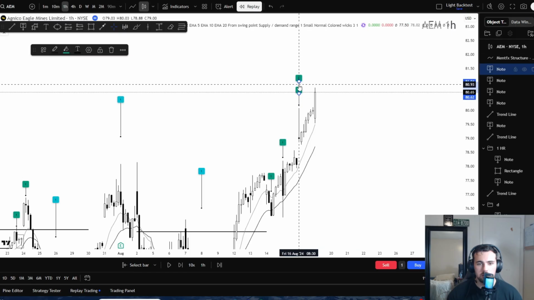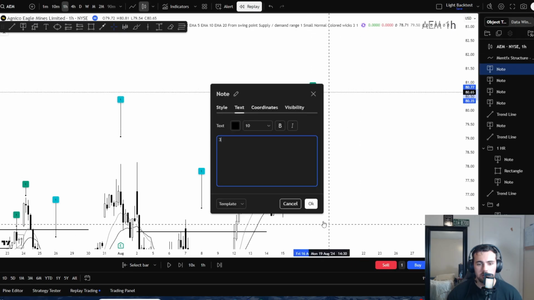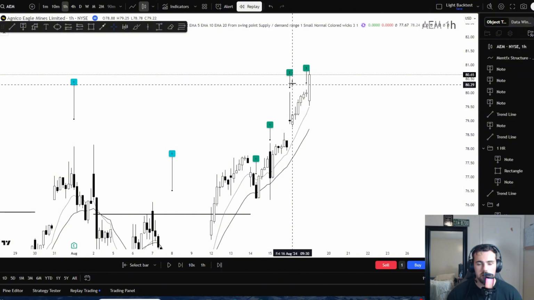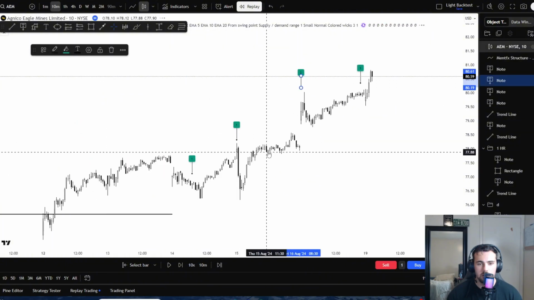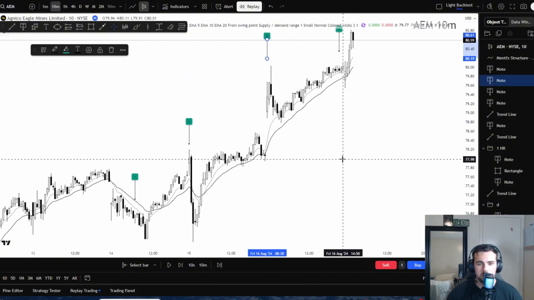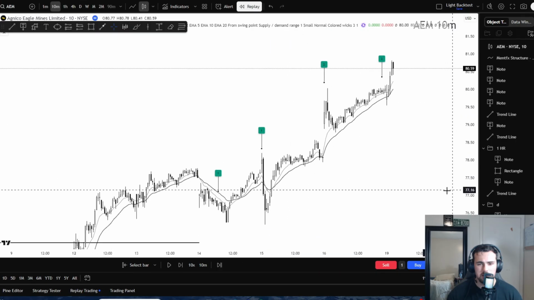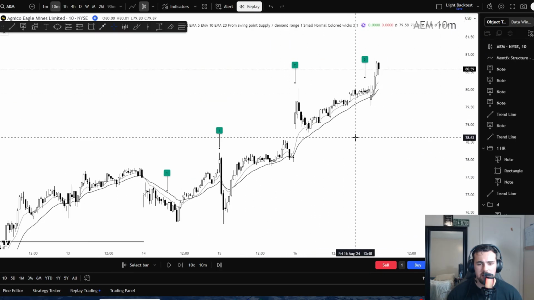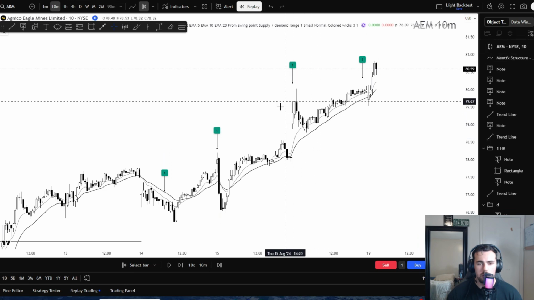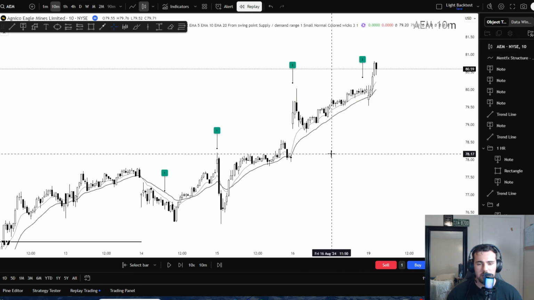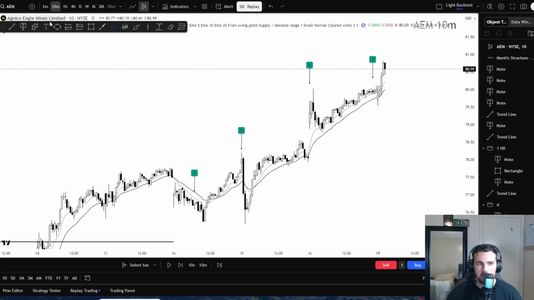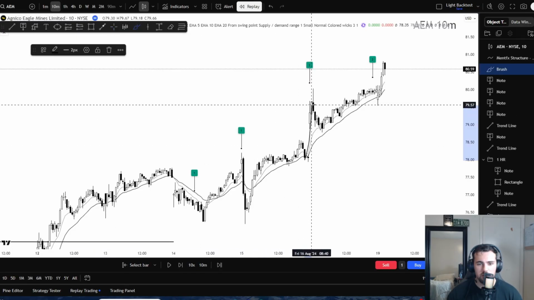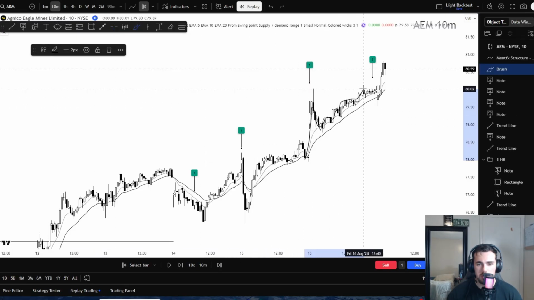So this second high here, I couldn't trade it because no reset ever happened. I guess bearish price action on the 10-minute happened. It just kept pushing above the averages. There's nothing to trade here.